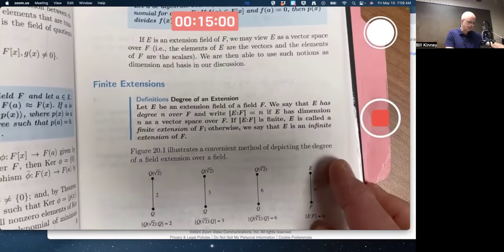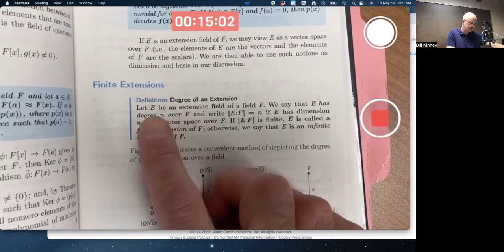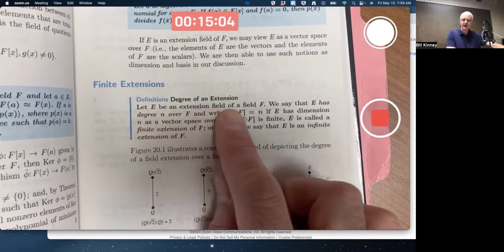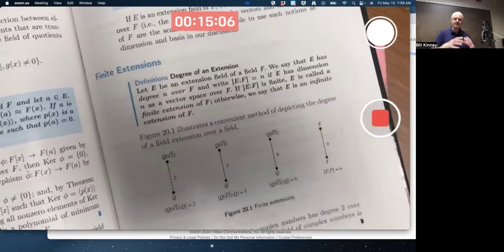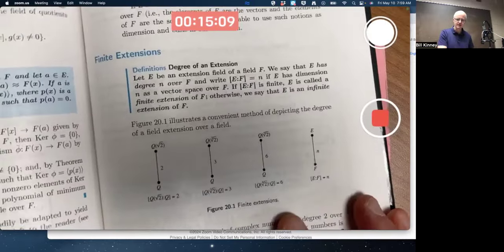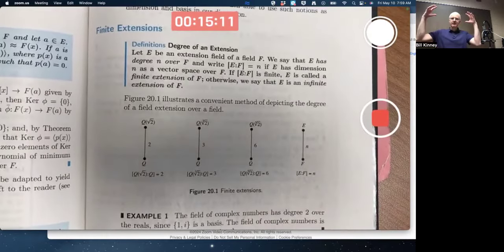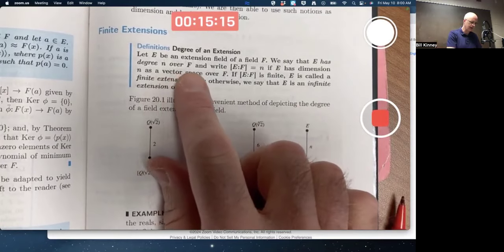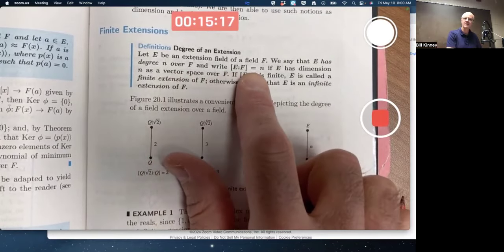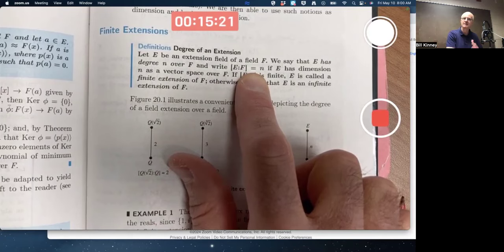This definition is from chapter 20, the degree of an extension. Let E be an extension field of F. So F is the base field, the smaller field, so to speak. E is the bigger field. We say E has degree n over F and write this notation, reminiscent, again, of the index notation with subgroups and groups, but not the exact same thing.